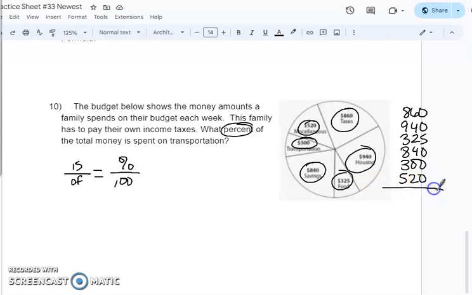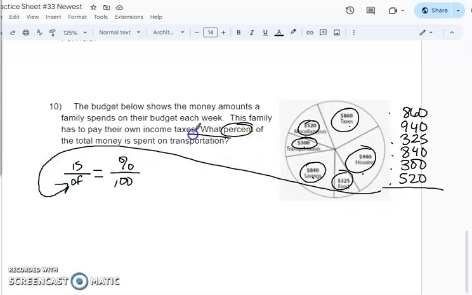That is going to give me the total, okay? 1, 2, 3, 4, 5, 6. Okay? Whatever you get when you add, that is your of. How much is spent on transportation? 300. Okay? So then you are going to put an X here and you will cross multiply.